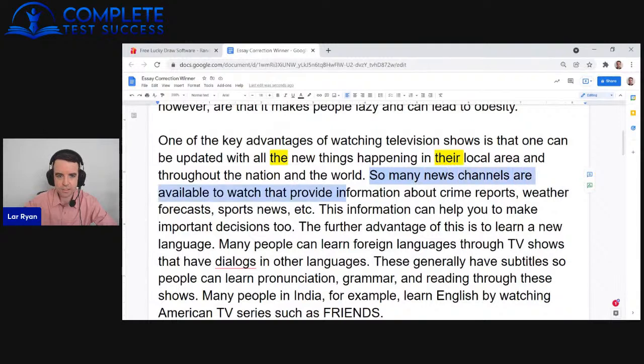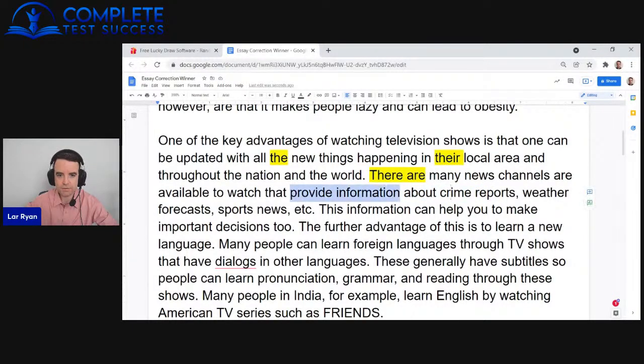So many news channels are available to watch that provide information about crime reports, weather forecasts, sport news, etc. So many. This is more of what we would say in speaking. It's a little bit informal, so it'd be better to say there are many news channels available to watch that provide information about crime.